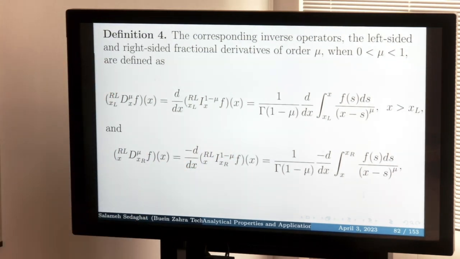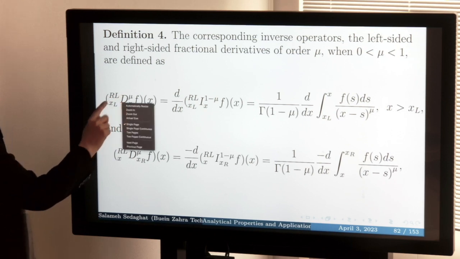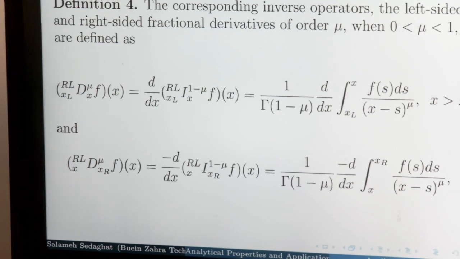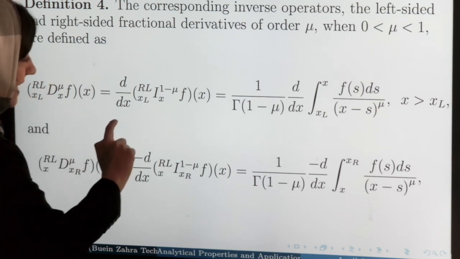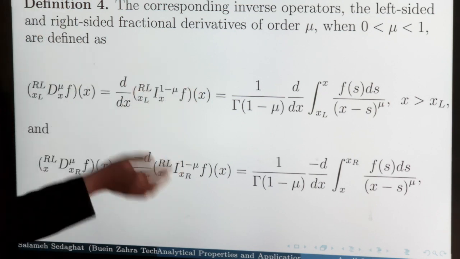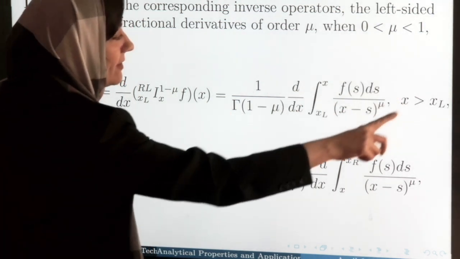And also here we have another definition, the Riemann-Liouville fractional derivative of order mu. Before, I told you about the kappa 2 derivative of order mu or alpha. Here, the left-sided Riemann-Liouville derivative of order mu is the inverse operator of the Riemann-Liouville integral of order mu and can be obtained from this formula.